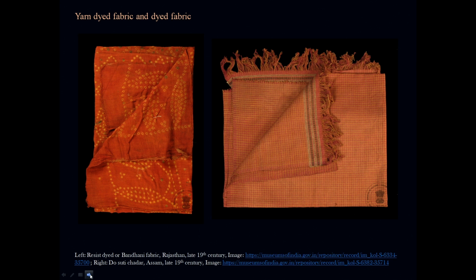The quality of it is coarse cotton, and there is also very local and selective application of indigo in some of those resisted areas, which has probably been done at the end of the dyeing process.